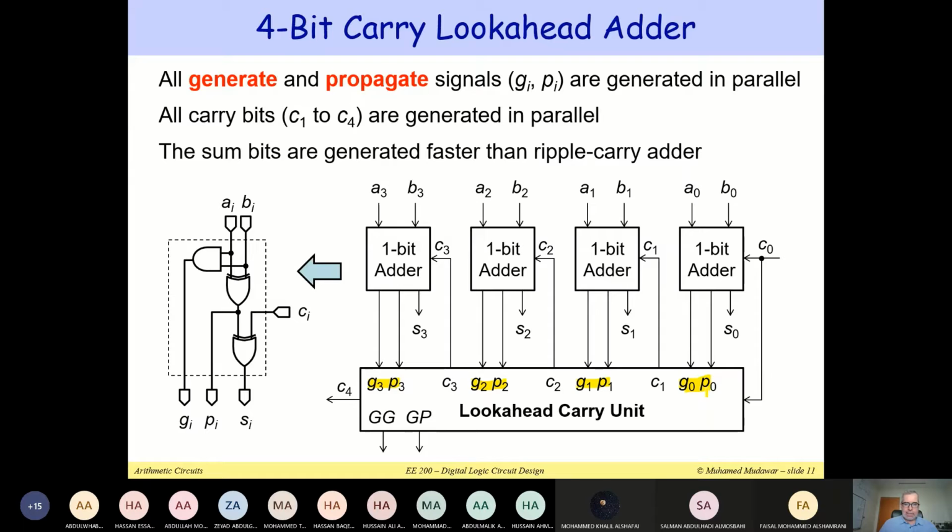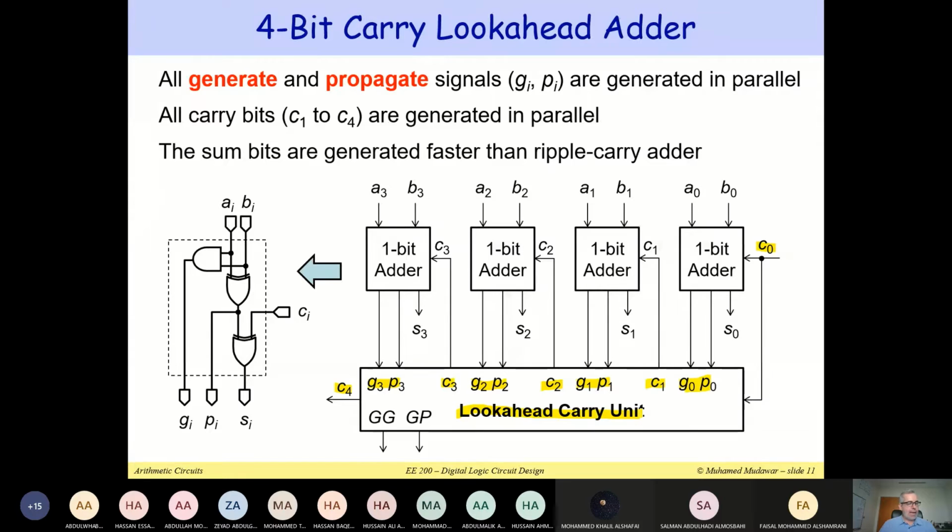Because they are produced at the same time, they have exactly the same delay. It does not depend on how many bits you are adding. And then we use the input carry C0 to generate C1, C2, C3, and C4. We generate all of these carries using this look ahead carry unit.